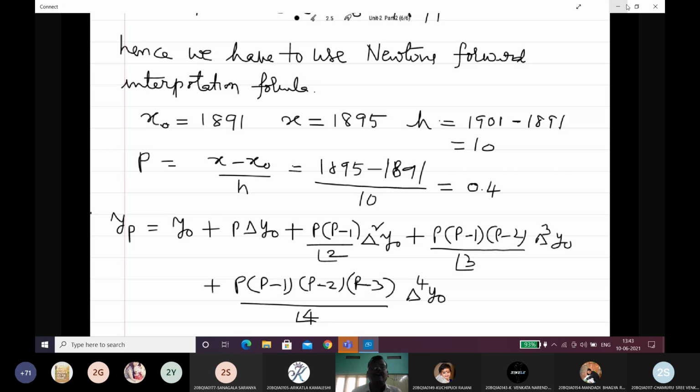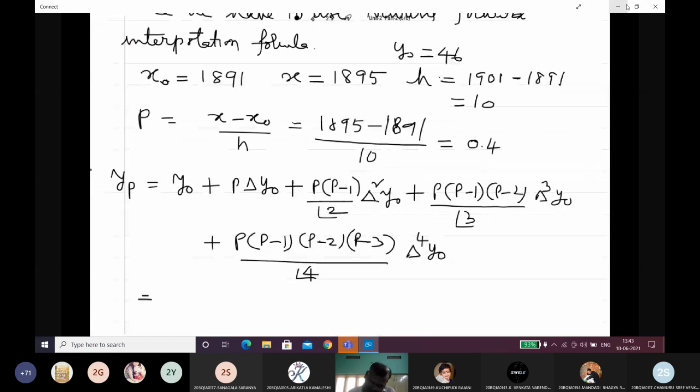Now we have all the values that we have to substitute here. Y naught is equal to 46.